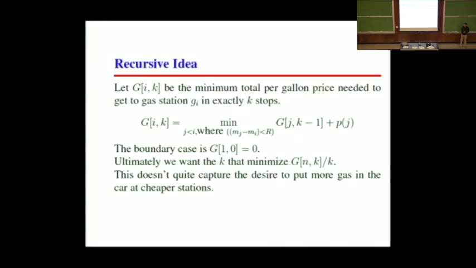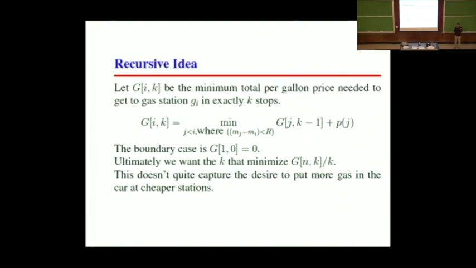Instead of telling me how many stops, it's telling me the cost of the cheapest way to get to station i after k stops. And I can figure that out once I know the cheapest way to get to any other station after k minus 1 stops. Does everybody see that?